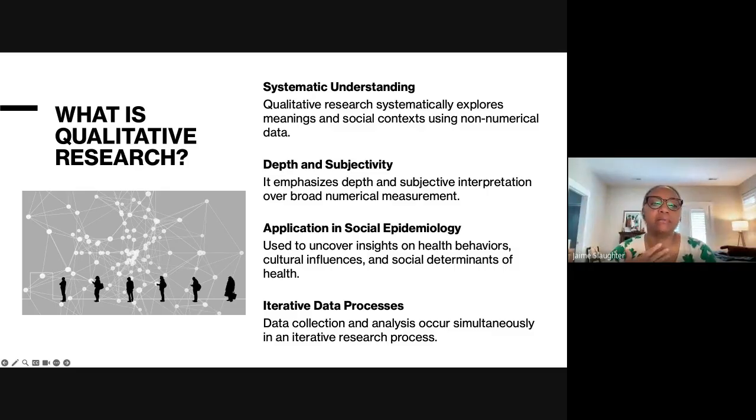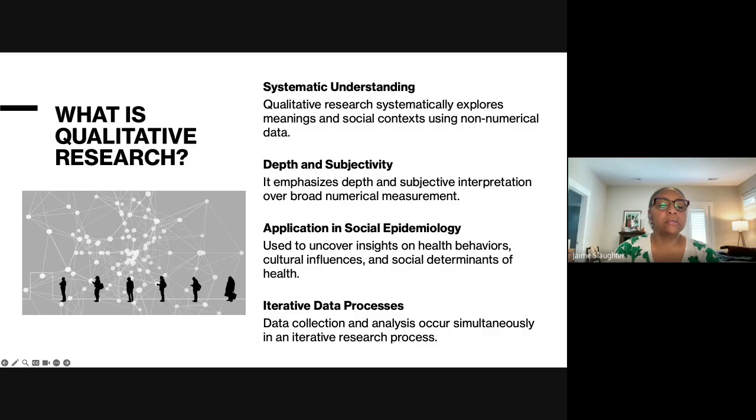And what's really great about qualitative research is that it's really useful in social epidemiology because it helps us to uncover nuanced insights about health behaviors, cultural influences, and social determinants of health more broadly.